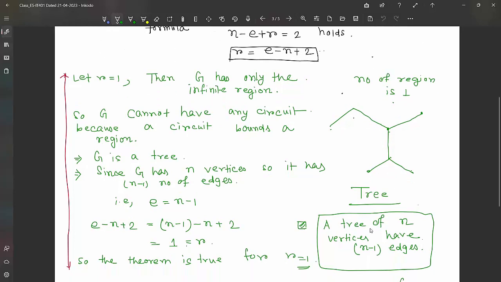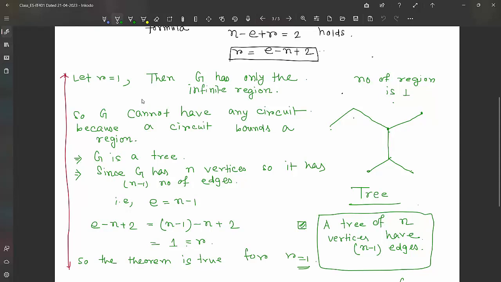And in a tree, we know that if it has n vertices, then n minus 1 edges are there. So by using that, we have taken E is equal to n minus 1, and then we put these values in the expression, E is equal to n minus 1 minus n plus 2, and it will be 1. And from where we start, that R is equal to 1. So you can see that this hypothesis is true for R is equal to 1.